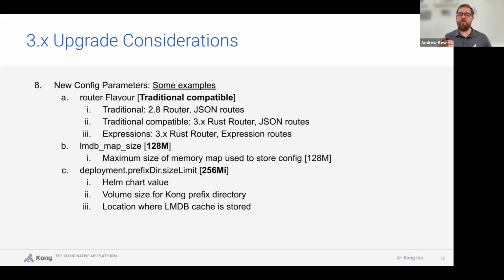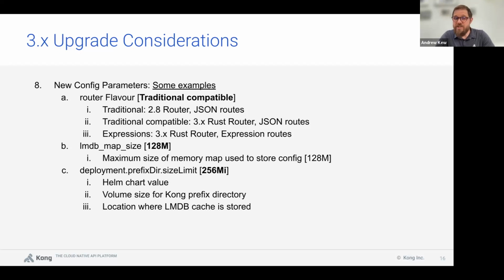Traditional, which effectively runs Kong using the 2.8 router, so your routes are still described as JSON. There's traditional compatible, which runs the 3.x Rust router, but still your routes are described in JSON. And lastly, the expressions field, which still uses the 3.x Rust router, but your routes are now expressed in the new expression format using the new DSL that has been released.